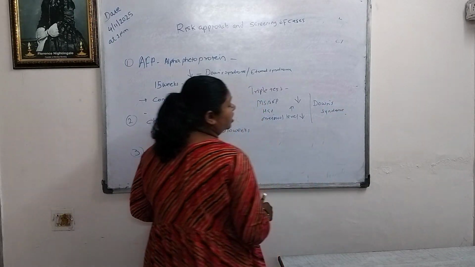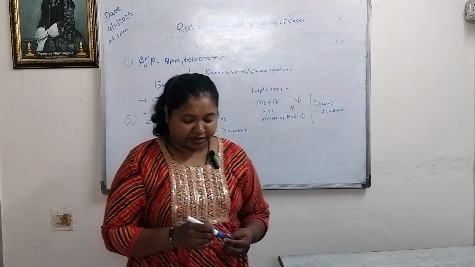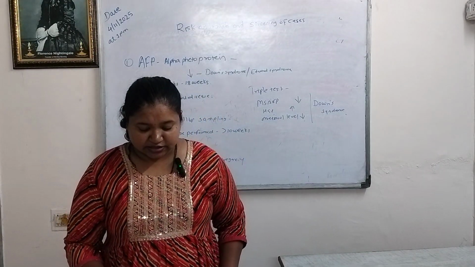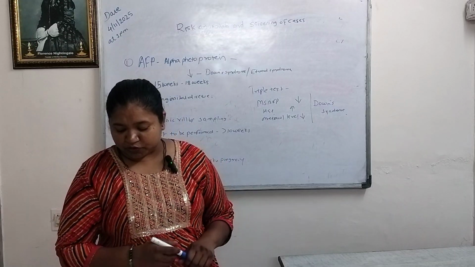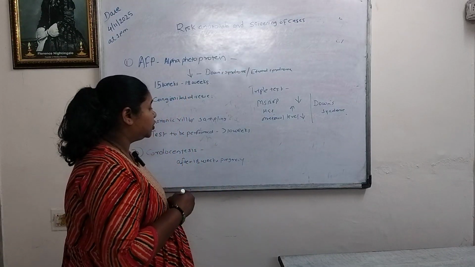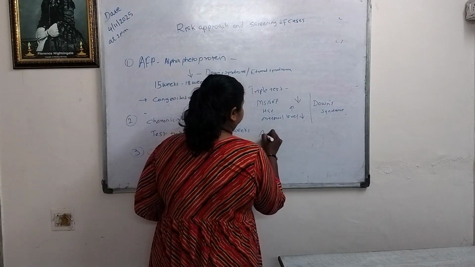So we can take a call to continue this pregnancy, or we can terminate the pregnancy accordingly. Now, the next procedure that we are going to perform to confirm the defects of the baby is amniocentesis.